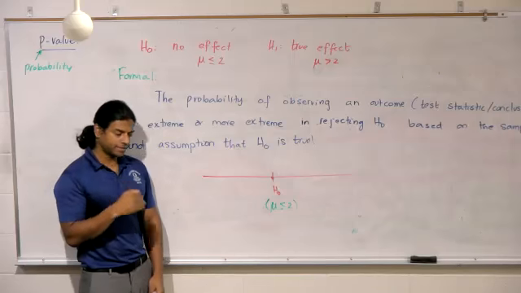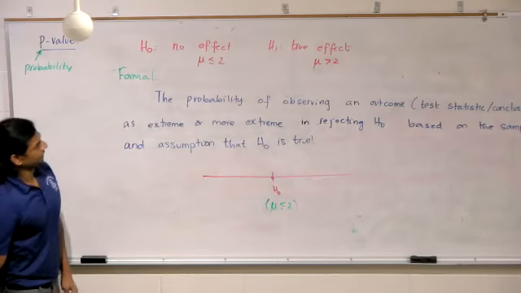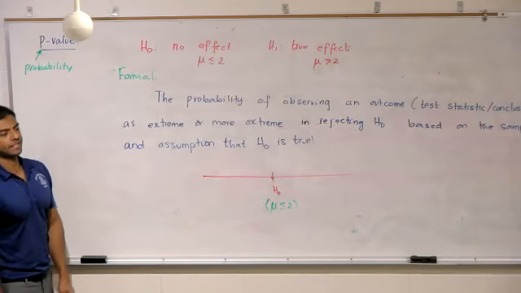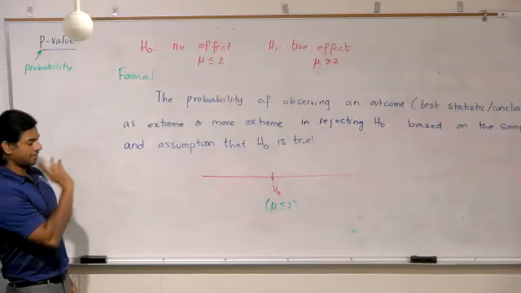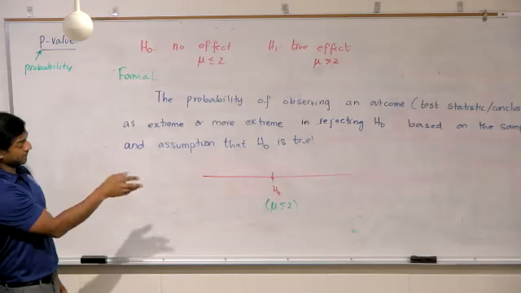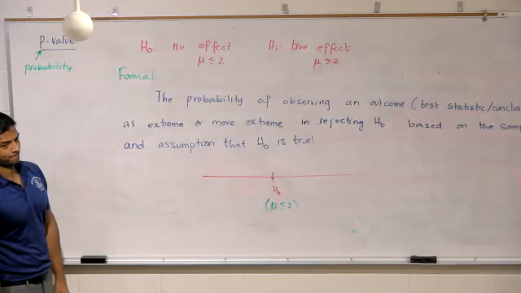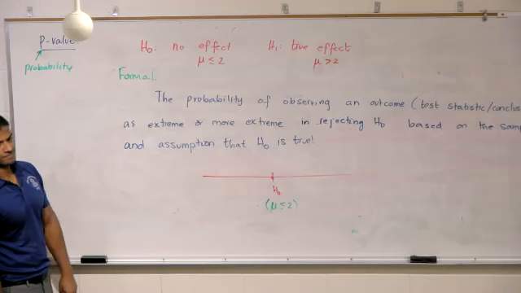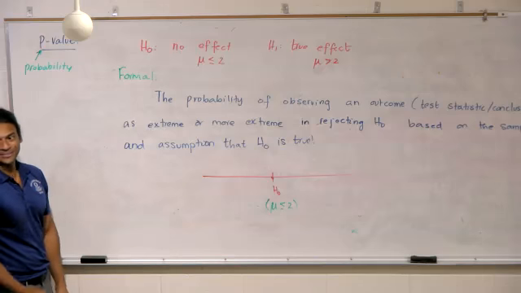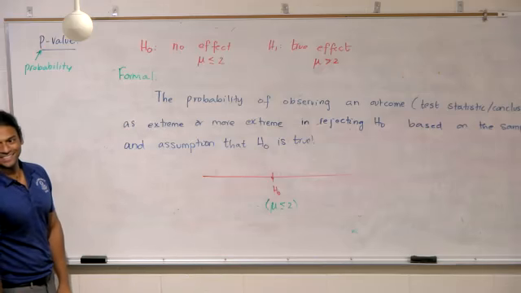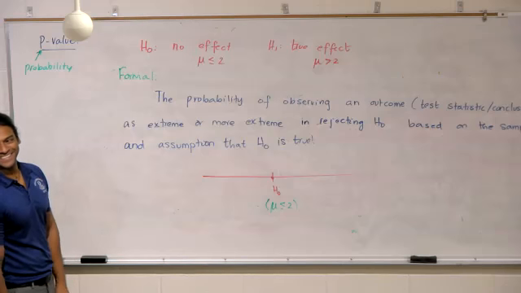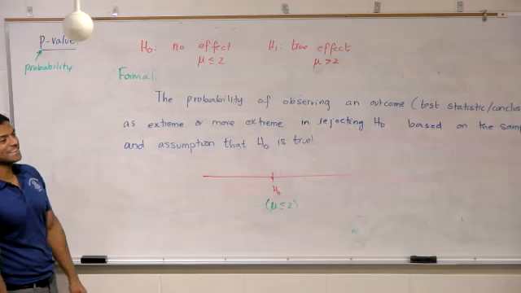So in order to reject the null and go with the alternative, should you go toward the right or the left? Left. Got 2 more tries. Right. Is he right?